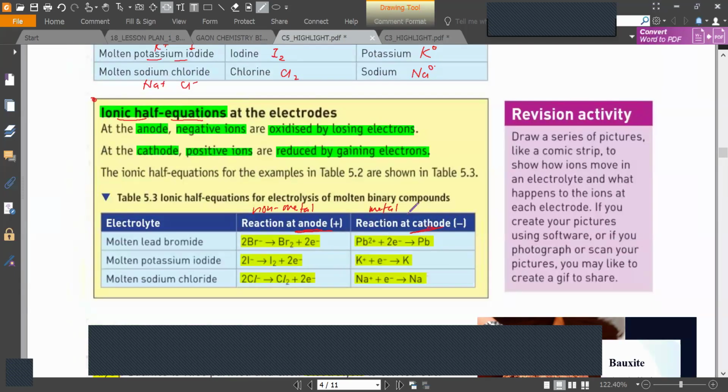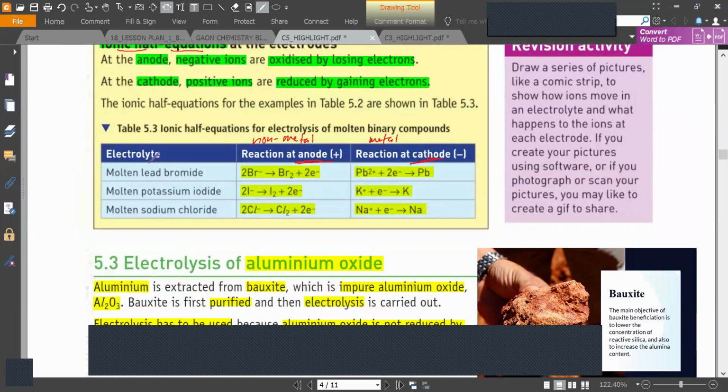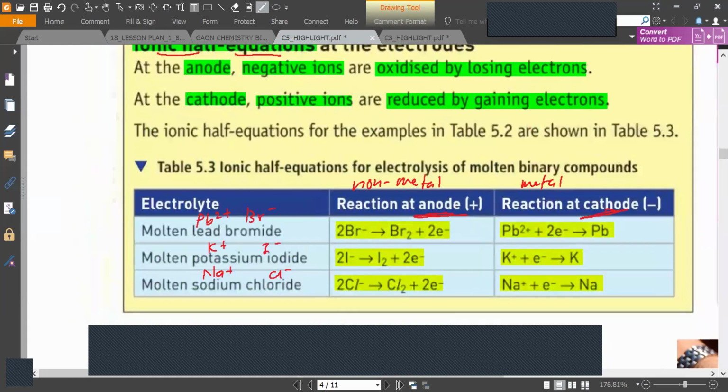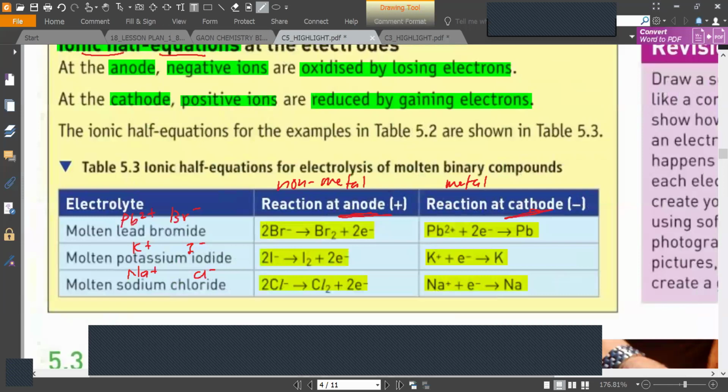Again, lead bromide, potassium iodide, sodium chloride. We'll go through them one by one.